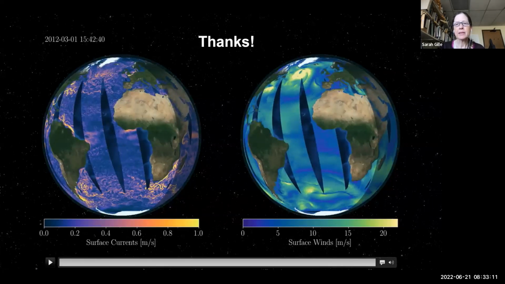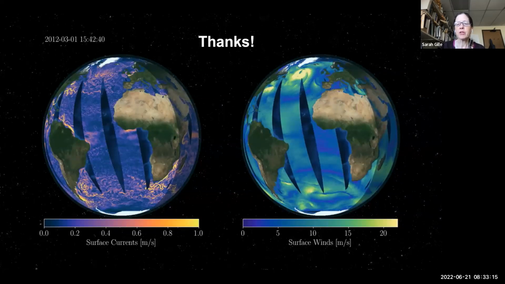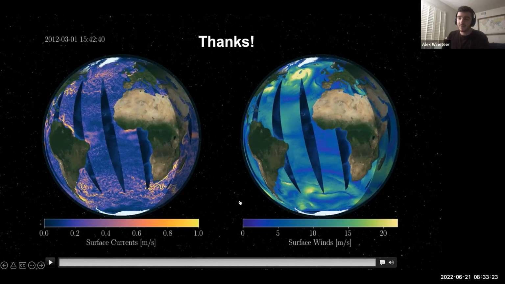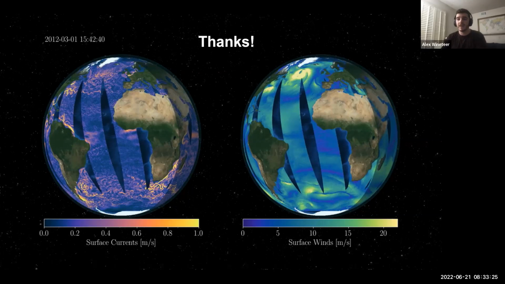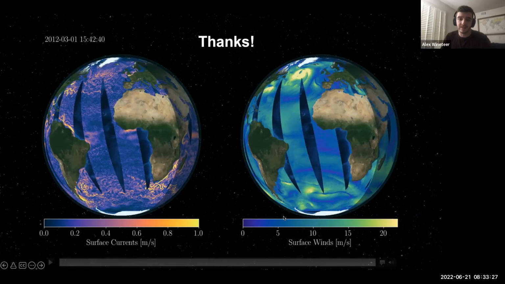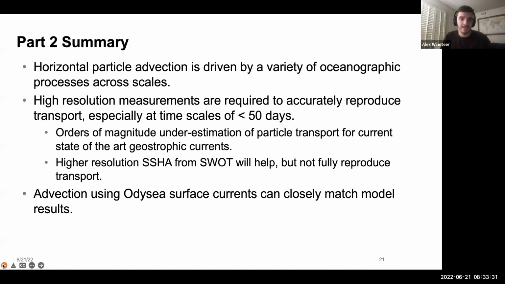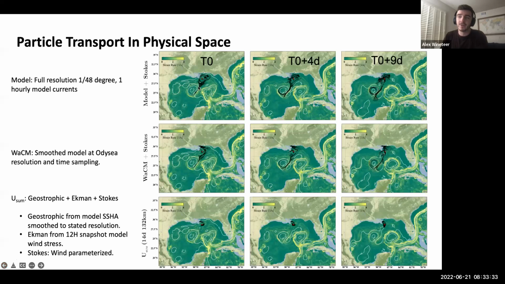Maybe to start things off, I'll ask: you did this advection work for the Gulf of Mexico. Have you thought about whether there would be any changes if you looked elsewhere in the world? I think there probably will be changes elsewhere. One of the main things that drives the transport in the Gulf of Mexico is this loop current eddy.